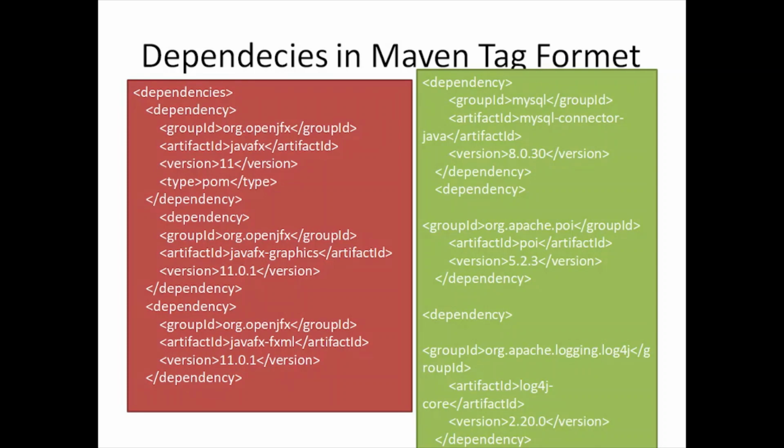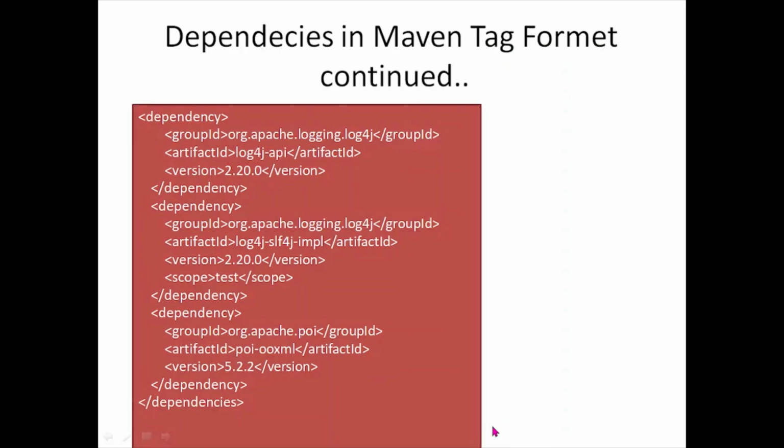This is org.openjfx javafx-graphics, and the version is 11.0.1. This is Apache POI. This is logging log4j, and the artifact ID is log4j-core. This is continued. So these are the dependencies, and this is POI.